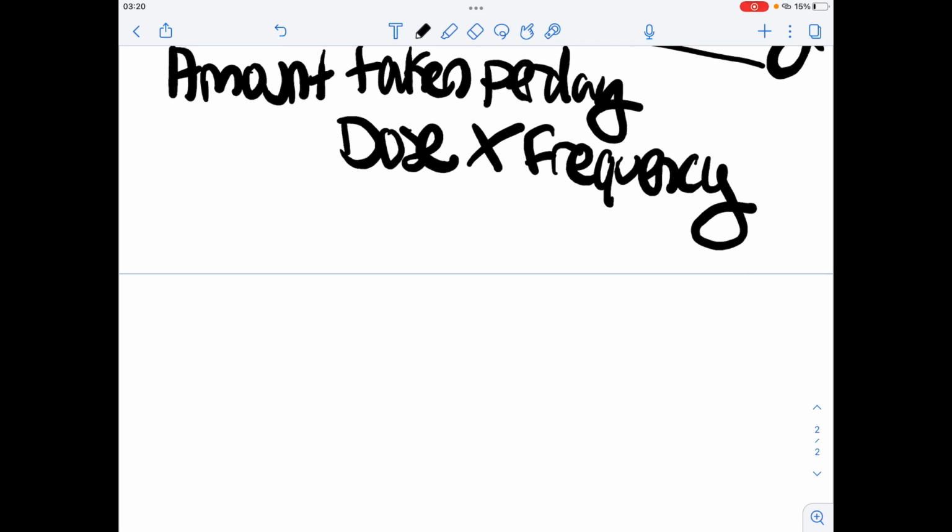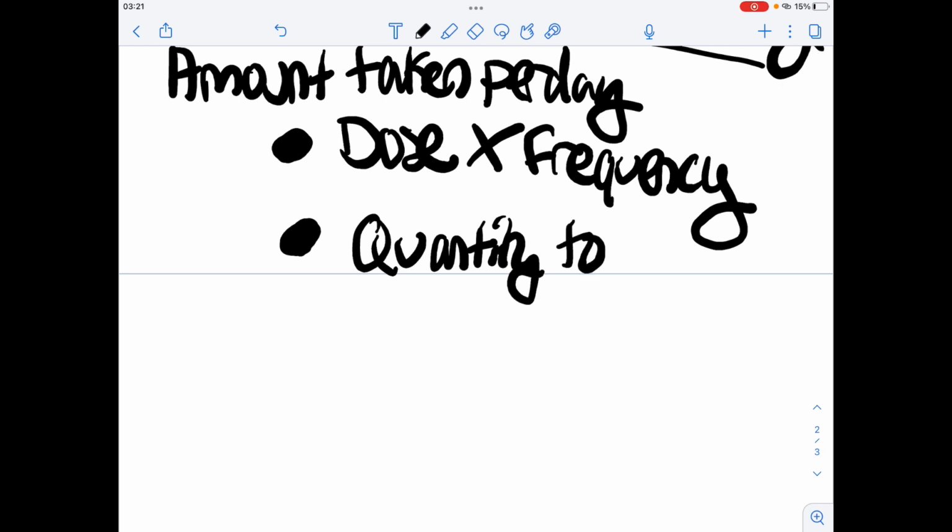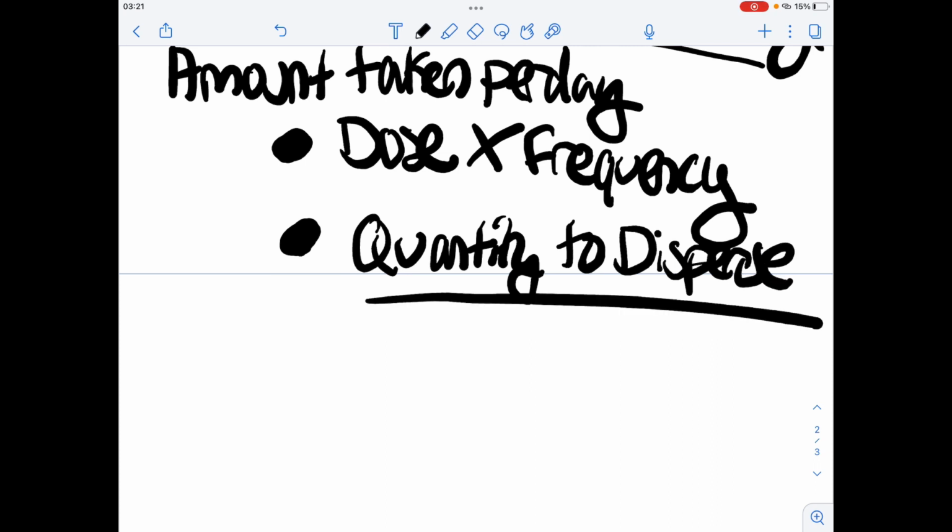We can also get this equation through, I'm going to bullet these just so it's obvious that we're working with different things here. The quantity dispensed divided by the day supply.